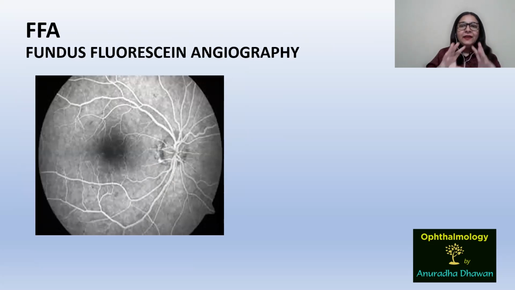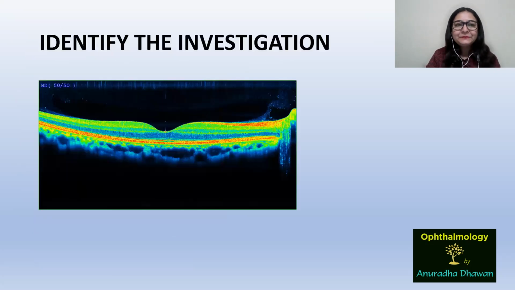How will we identify? This picture will appear black and white, and the retinal vessels and all that background of the retina will appear whitish because of the sodium fluorescein dye which is there in those vessels. Okay, so this is the picture of fundus fluorescein angiography, which is the investigation of choice whenever we want to study any retinal vascular diseases. For example, diabetic retinopathy.